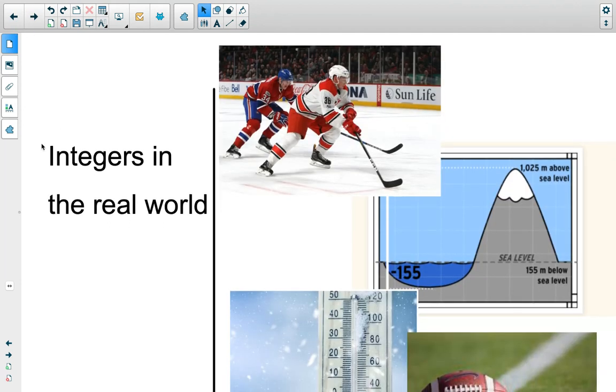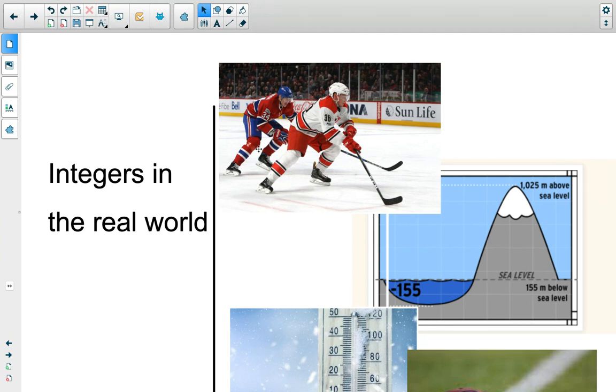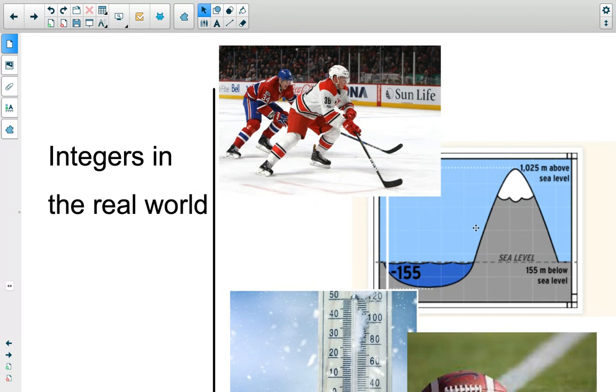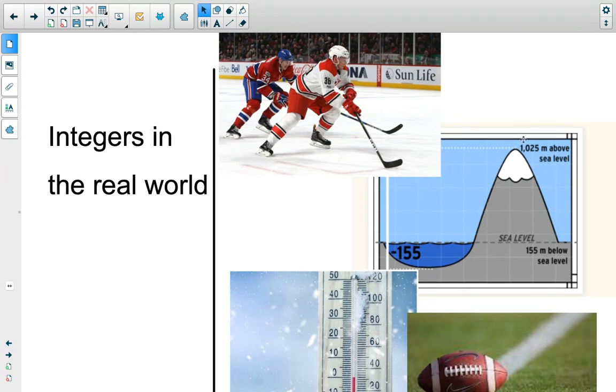So where do we use integers in the real world? Well, maybe you're a hockey player. If you're a hockey player and a defenseman, your coach might give you your plus minus for a game. You want to have a plus. That means that your line scored more than they were scored on. Also, when you talk sea level, we have feet above sea level, like mountains, and below sea level.